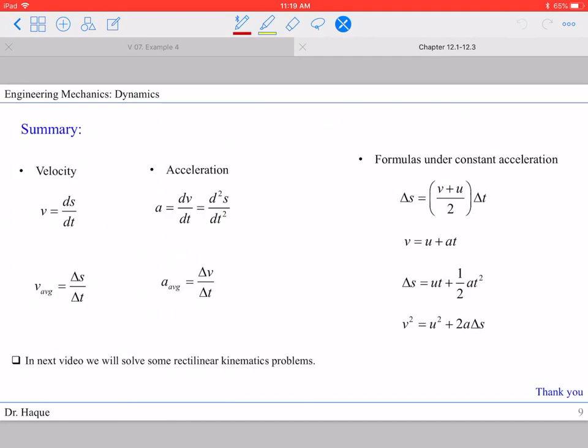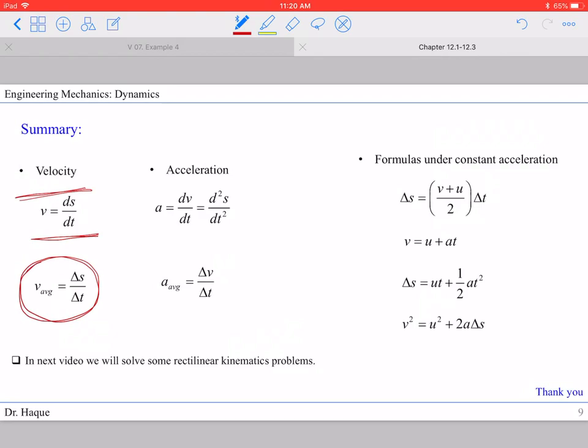In summary, today we have learned the concept of position and displacement. We have studied velocity and acceleration. We got a definition of velocity: for instantaneous velocity, v equals ds over dt, and average velocity is the change in distance over change in time.